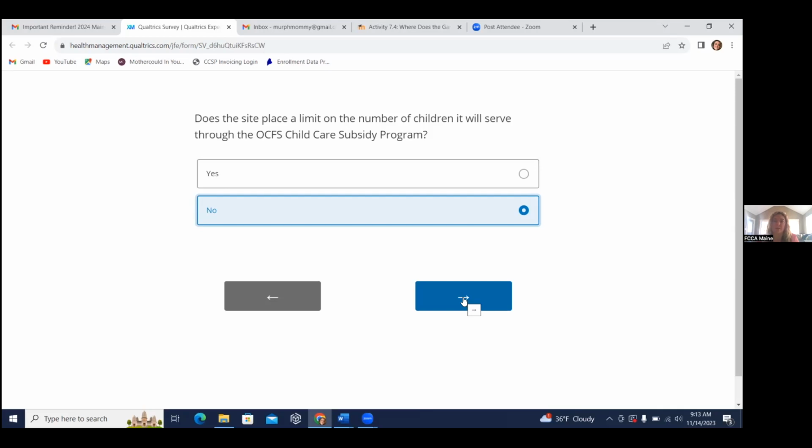So strictly budgeting-wise, if you took 5, you might be losing $300 a week with staffing, and that's a lot of money. Yeah.